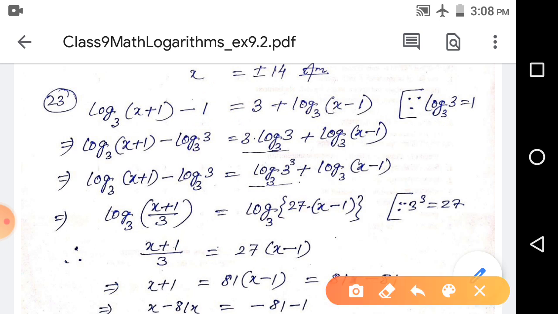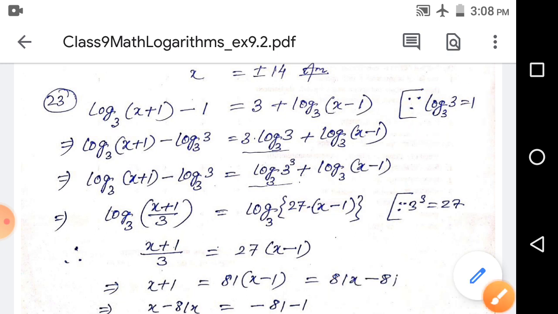So this term also remains as it is, and for this term we can use the power law. 3 into log base 3 of 3 we can write as log base 3 of 3 to the power 3. The multiple is taken as the power here. Here also we have log base 3, so all the terms are with log base 3. This is our main idea, which comes from looking at this part.